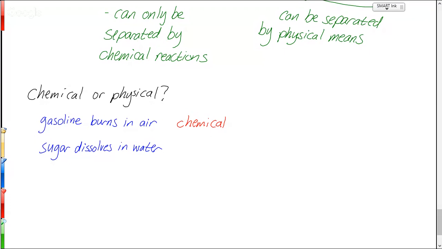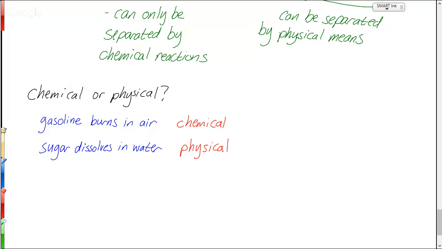Because unlike the last one, it's still there, but it just kind of changed form. Yeah, so that's exactly right. The sugar dissolves in water. What are you left with? You're not left with some magical new thing. It's just sugar and water together in the same solution. So that's a physical change. You've made a mixture.